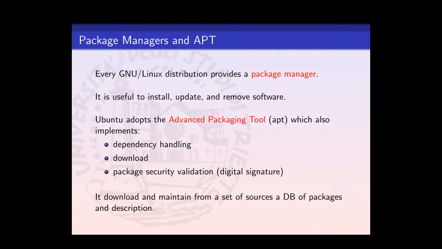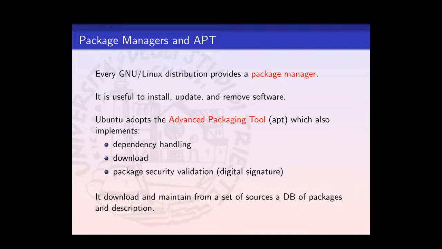But if you want to install, for instance, everything you need to compile something, it's much easier to use APT rather than use the graphical tool. The advantage is due to the fact that APT solves all the dependencies. So if you need to install the compiler, you may need some libraries, and this library may need other libraries, and so on and so forth. And APT takes care for you of all this stuff.